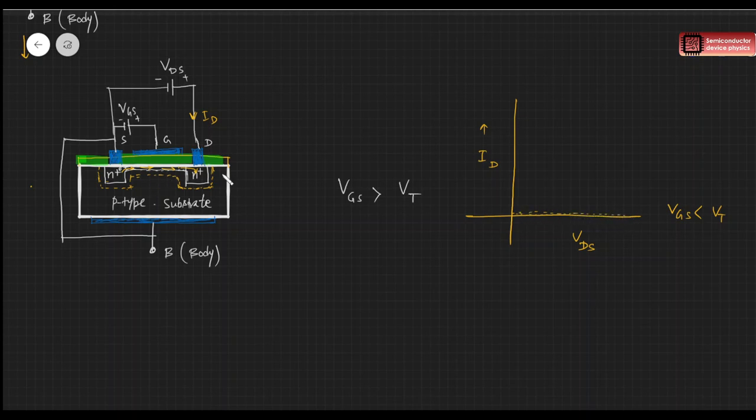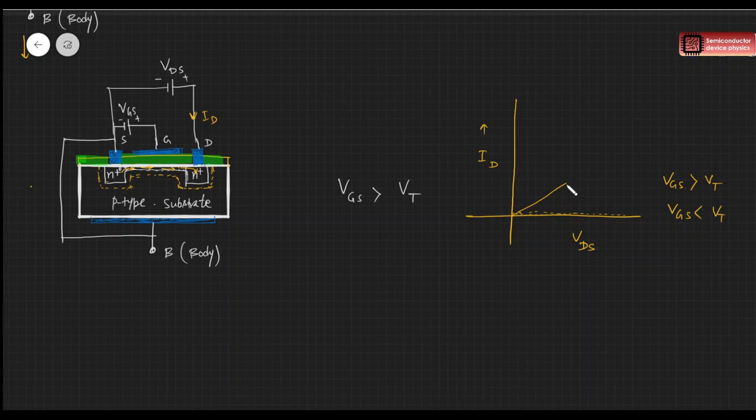Because there is no channel. Now as we cross this threshold voltage, this channel will open up, right? And then electrons can easily flow, and this will behave like a resistor for low values of VDS.